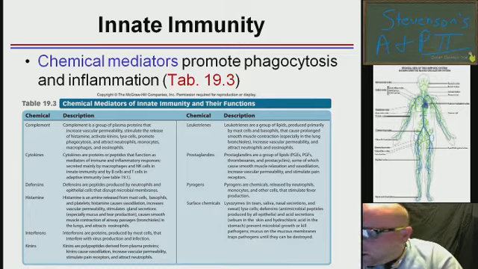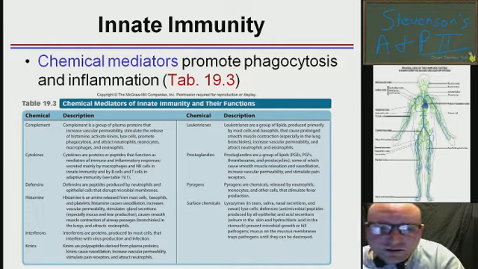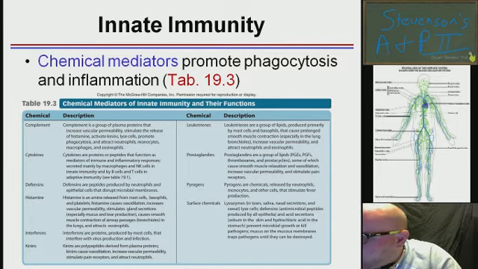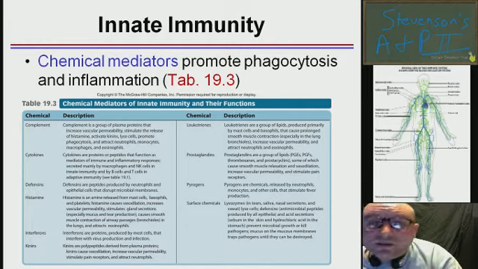We also have the leukotrienes. The leukotrienes are the group of lipids that are produced primarily by mast cells, basophils, and that cause prolonged smooth muscle contractions. And these smooth muscle contractions increase vascular permeability and attract neutrophils and eosinophils.